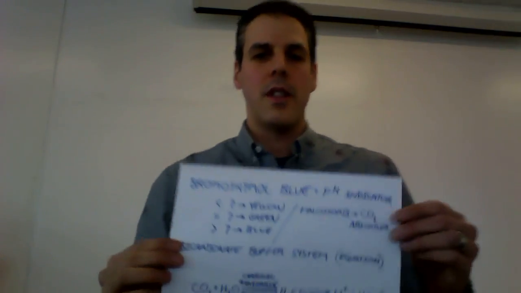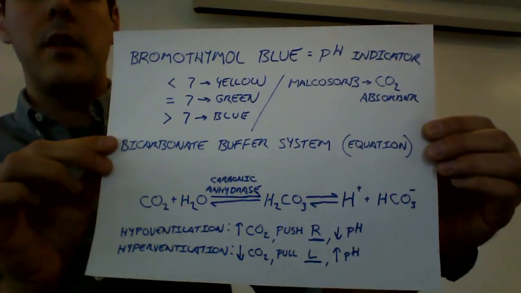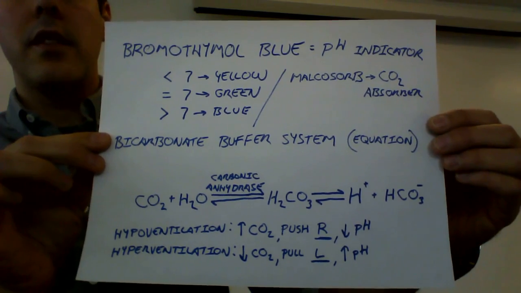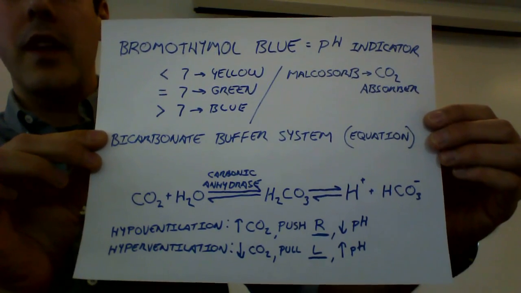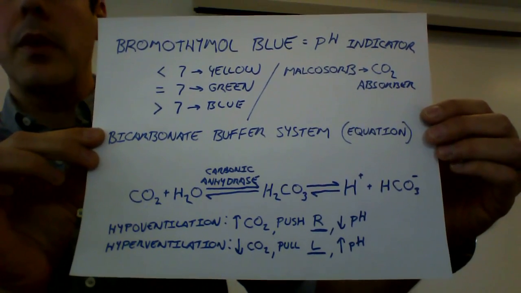There's a lot of stuff to cover, but let's start off with an experiment because this will be fun. The bromothymol blue experiment, I'll show it here. Bromothymol blue is a pH indicator, and it's buffered at about pH 7.4 to 7.6, so it's going to be blue.